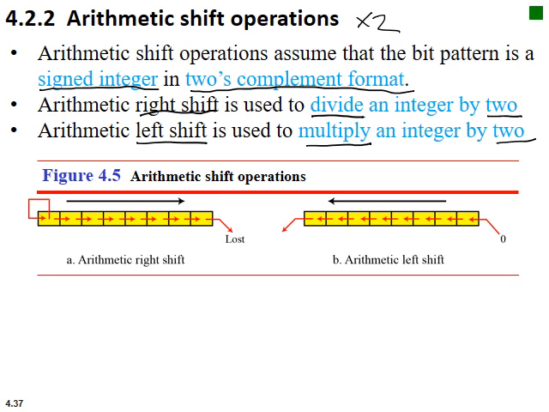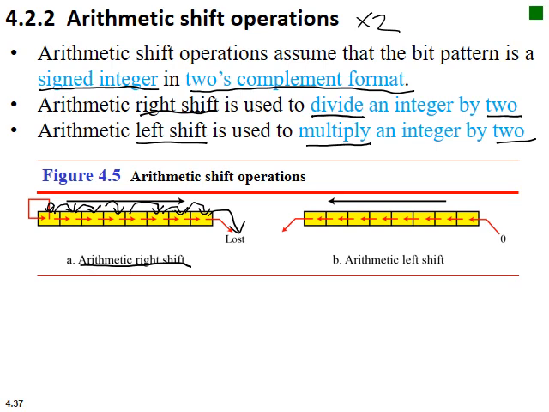But the arithmetic right shift is not so similar to its corresponding left shift operation, because for an arithmetic right shift operation, basically what happens is that the first bit is not moved. It stays there. It makes basically a copy of itself, and then all of the rest are shifted one to the right, and so we go on, move to the right and move to the right, and then the last one gets lost.